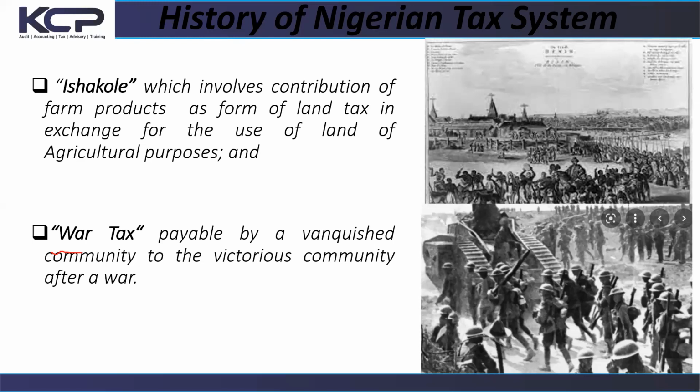So where there are battles or rivalry between different communities, and one actually conquers the other, the conquered entity or community would then be subject to the victorious one, right? And they are expected to make their contributions.